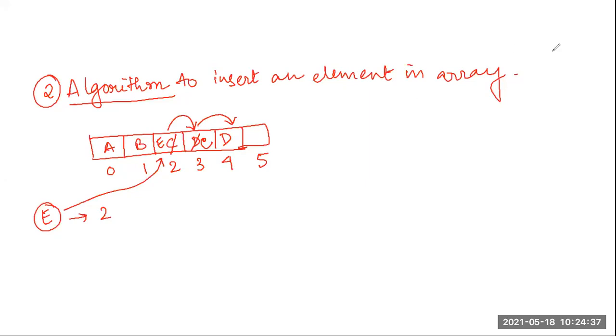Now remember one thing: if my array were like this, A, B, C and D, would I be able to insert E? Where will I shift D? D will go out of bounds. So when I want to insert an element, I always need to check whether I have sufficient space.